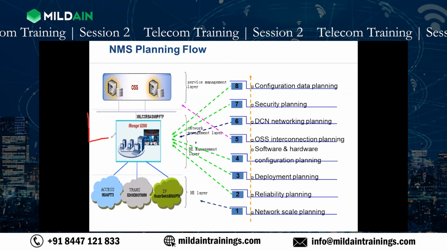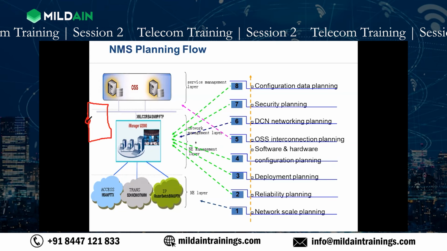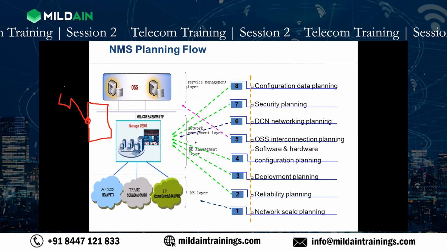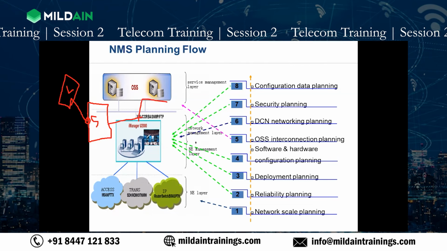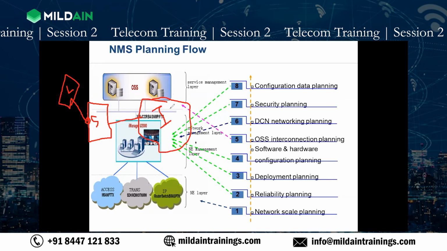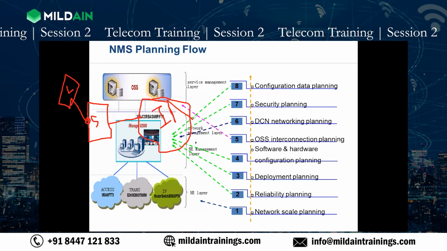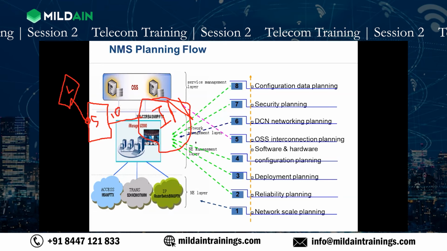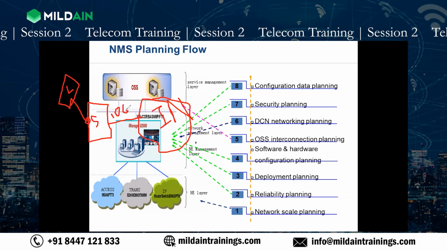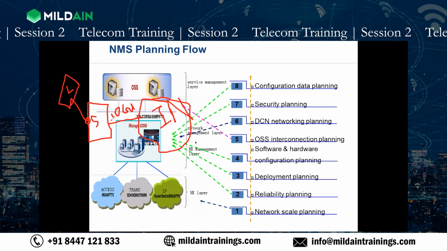For example, see, this is your switch. You connect your laptop, the end user. This is my switch. This is my internet cloud. Here I have a 1000 Mbps speed, 10 gigabit, 10G port.